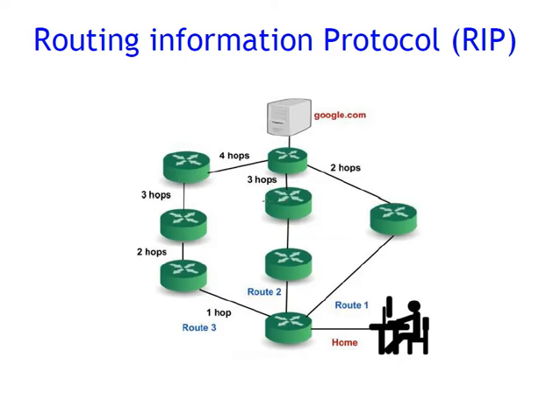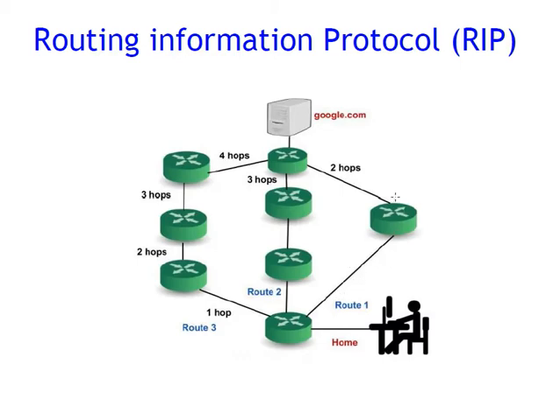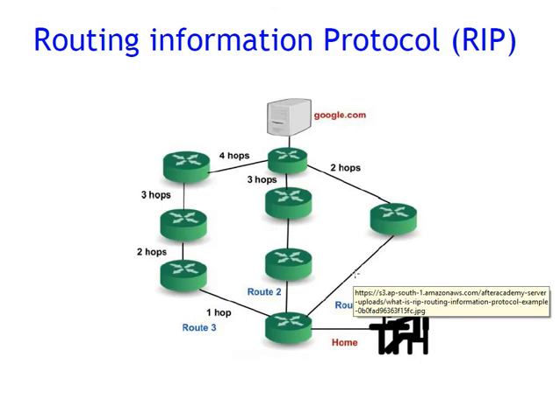Now assume that this is a 100 kbps route, this is 256 kbps, and this is 1000 kbps. RIP will try to see which is the minimum hop, and which can use maximum bandwidth utilization. That hop it will select, even if it is smaller in kbps compared to the other routes.